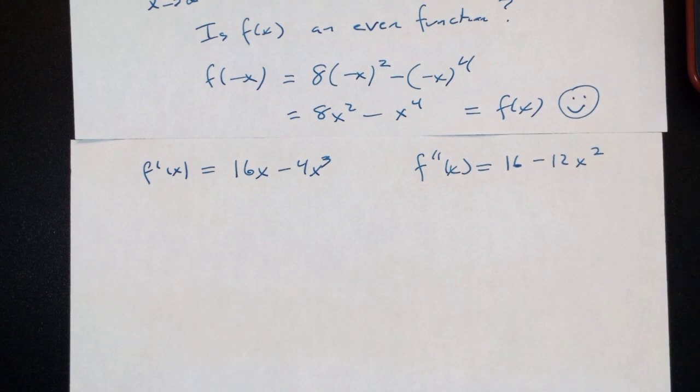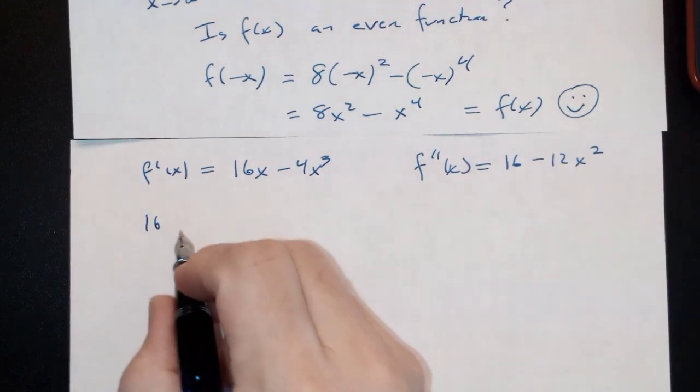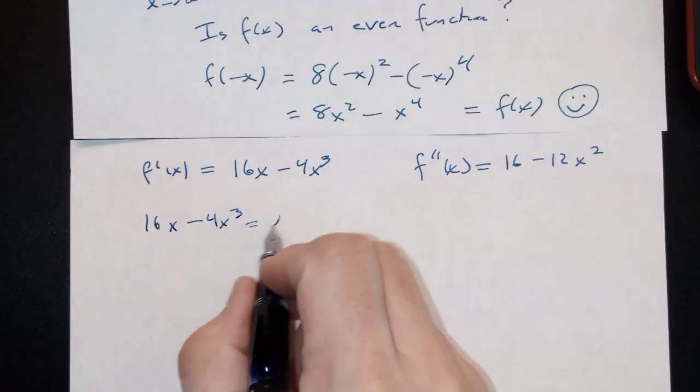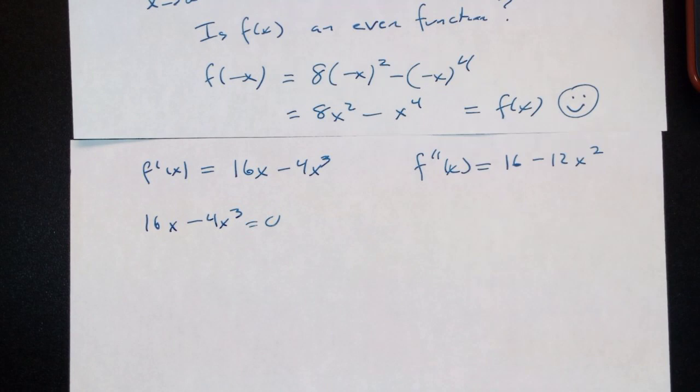The only type of critical number I need to worry about is where it's equal to 0. So where is that? Yes, if I put in 0, I get out 0. That makes sense. But I should find others.